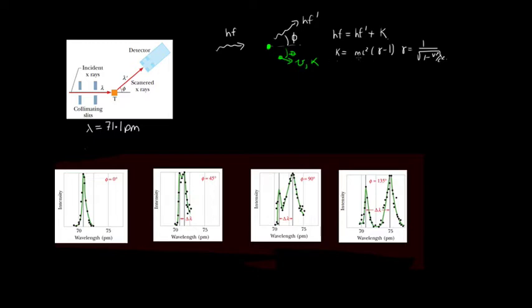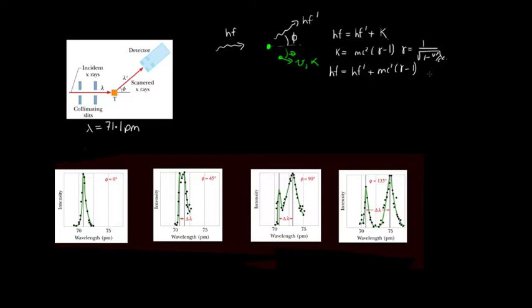So we can put this into this expression here, and we have hf equal to hf' plus mc²(γ - 1), which describes the energy conservation for our photon. We can also write this in terms of wavelength, because it will be useful later.